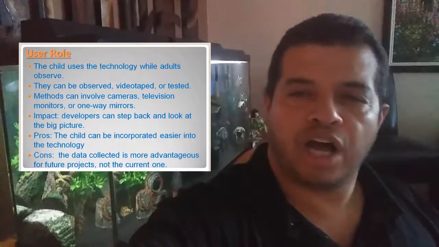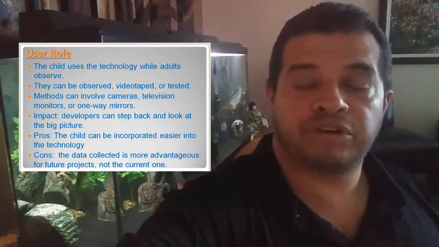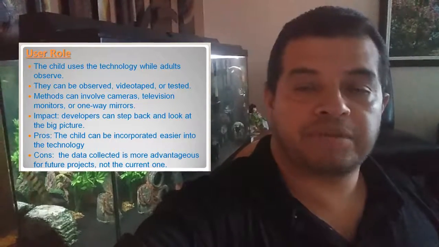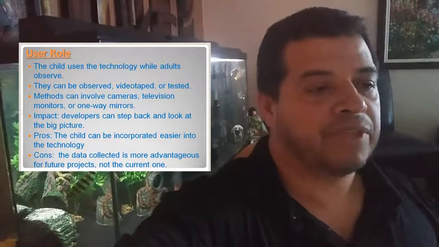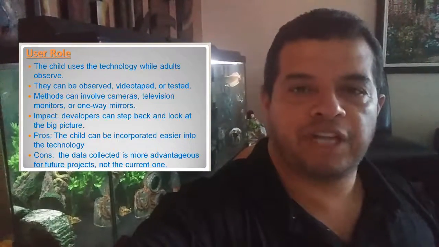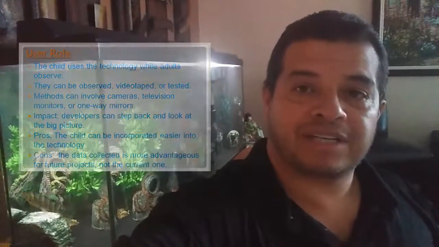It has some pros and cons. What's good about it is developers can sit back and look at the bigger picture. They can see where the technology can be improved as the child uses it. One drawback is that this is great feedback for the developers, but unfortunately, it's more likely to help a future product as opposed to a current project.